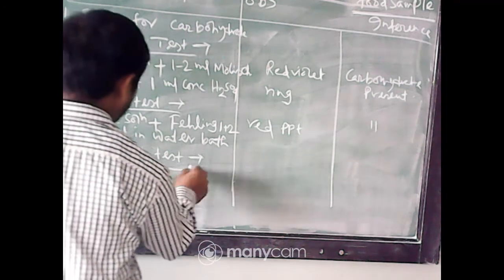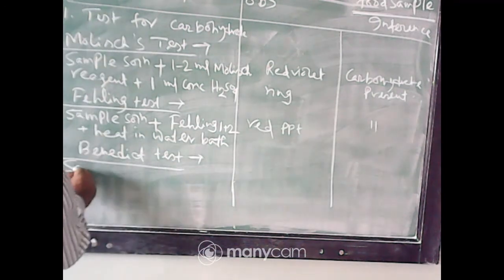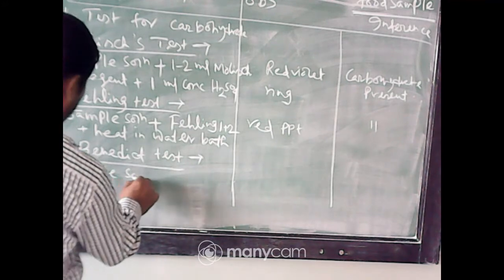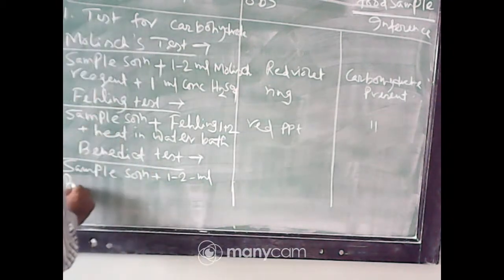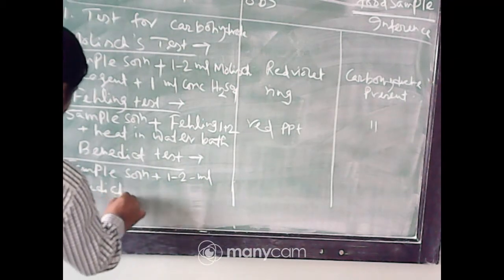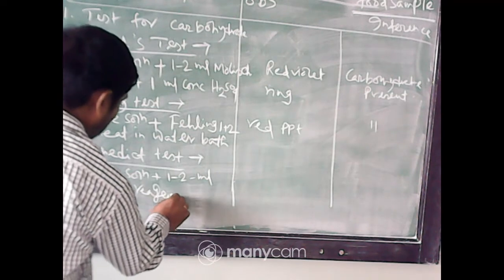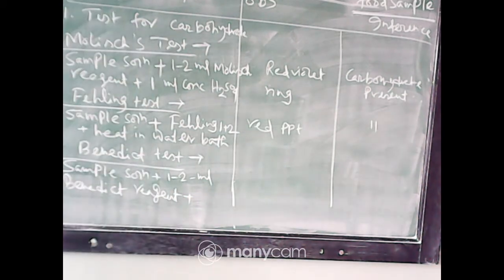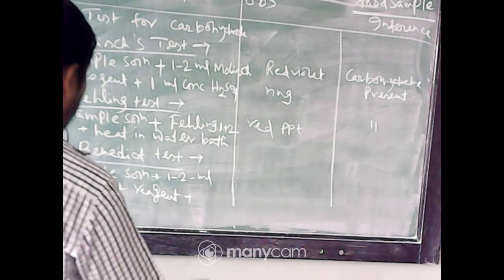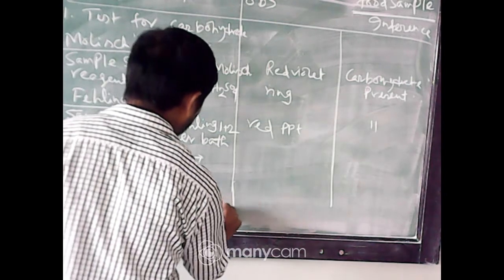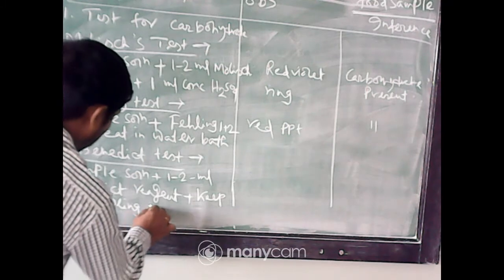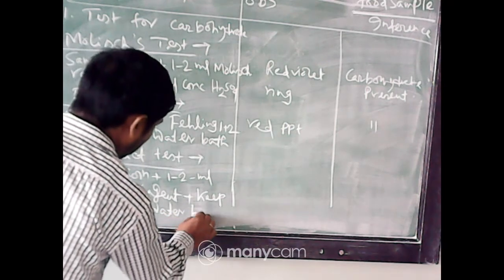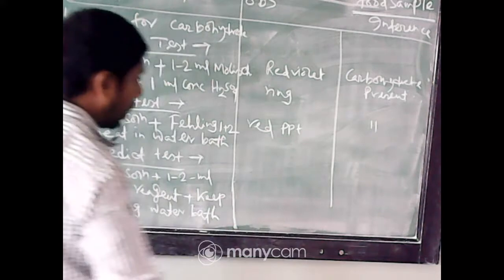So for the Benedict test: sample solution plus 1 to 2 ml of Benedict reagent, write it quickly, and keep in a boiling water bath.